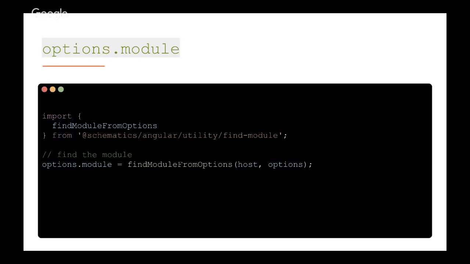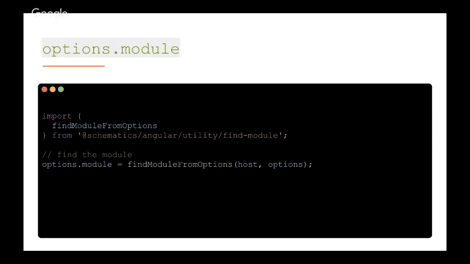The next task in getting everything wired up and ready to go is to figure out what module we're going to be using this component in. If you're familiar with the Angular CLI, you know that when I generate a component, it traverses up the tree from the destination where I'm generating that component, and tries to find the nearest module.